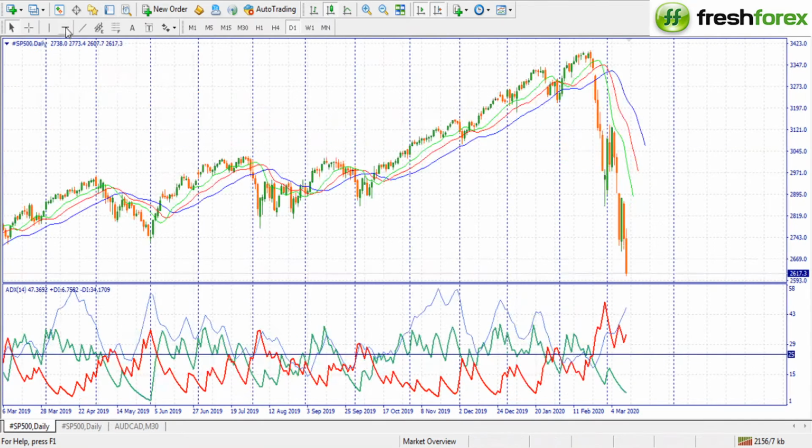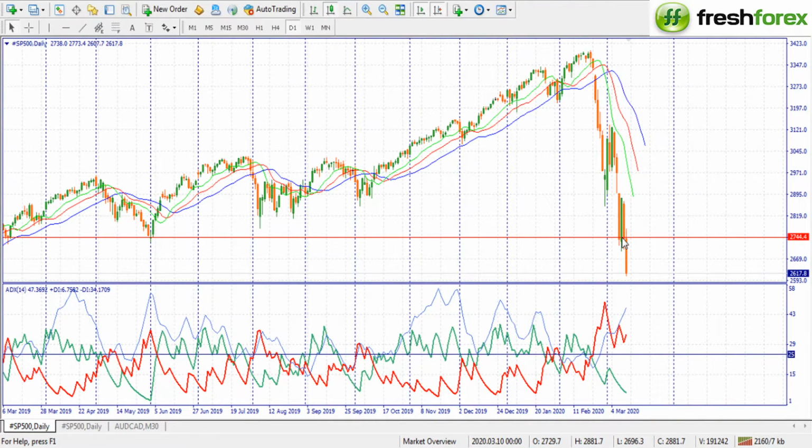As we're speaking now, if the price pulls back up to this point, 2744.4, then this should give us a correct place to pick a sell from. So overall, we have a downtrend, and also a downtrend based on the other indicator. The price is below a very good support, 2744.4. If the price can pull back up to this point, then this should be the correct place to pick a sell from.